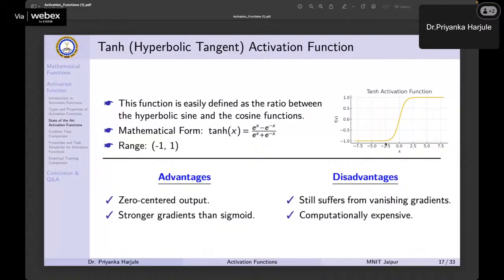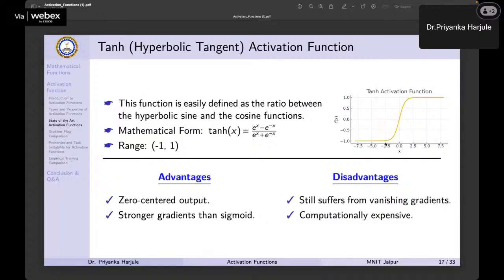So the tan hyperbolic activation function is popular in natural language processing neural networks, like text classification or sentiment analysis, etc. The disadvantage is again that of vanishing gradients, and computationally it is expensive because it uses exponentials, which is slow to compute.